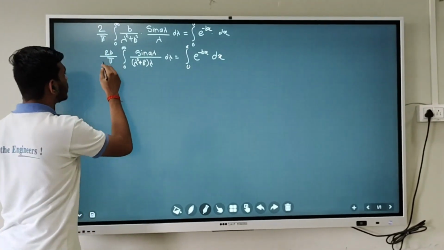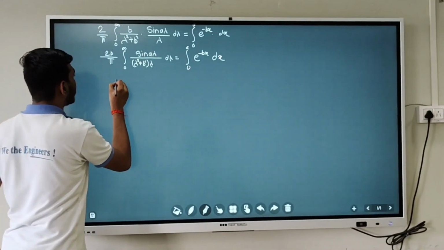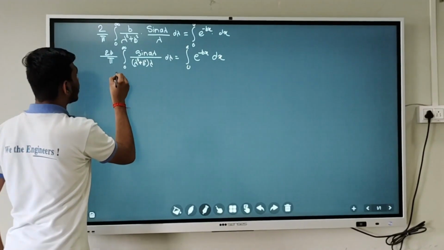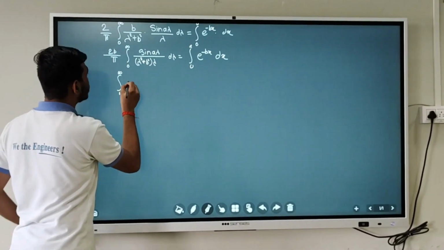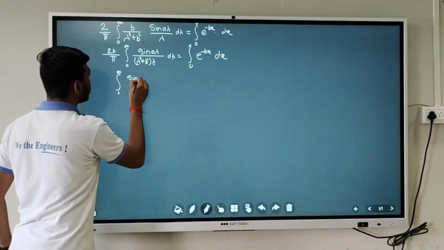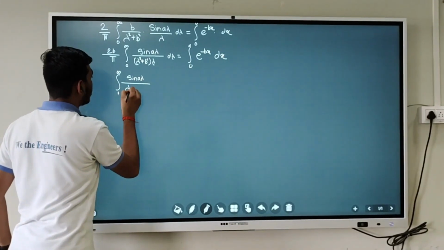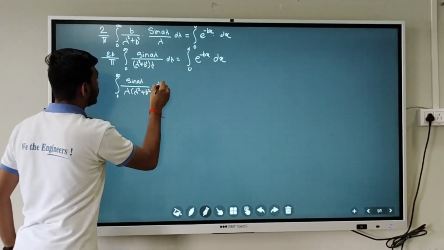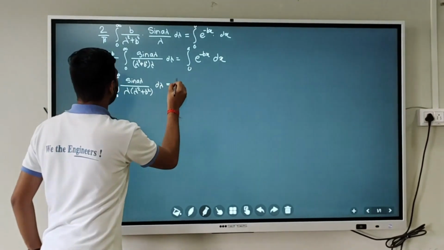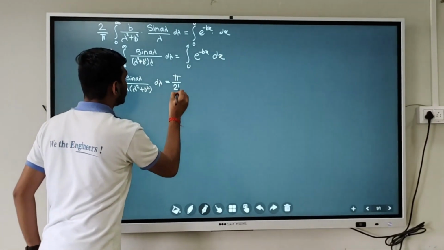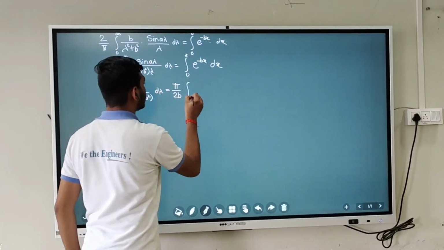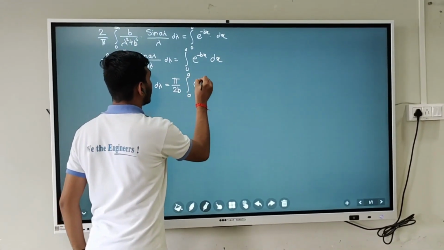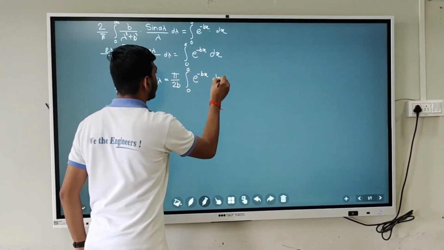Now we will shift this term to the right hand side. The equation is like this: integration from 0 to infinity of sin of a lambda upon lambda into (lambda square plus b square) with respect to lambda is equal to pi upon 2b times the integration from 0 to a of e raised to minus bx with respect to x.